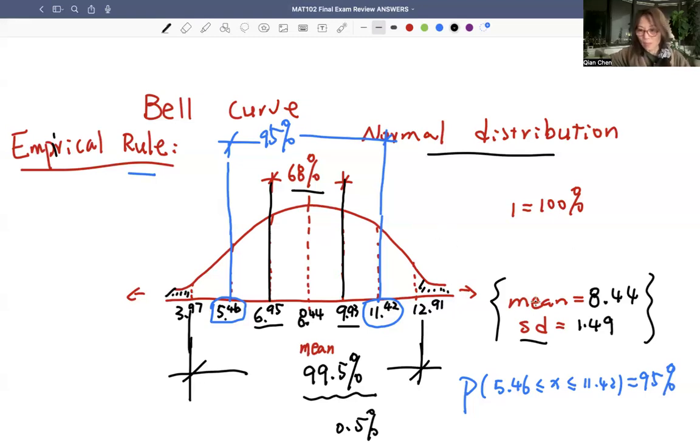So this tells us how powerful the distribution is, if we know the mean and the standard deviation of a data set. Okay, if this is still confusing, surely I'm going to talk more in the class.